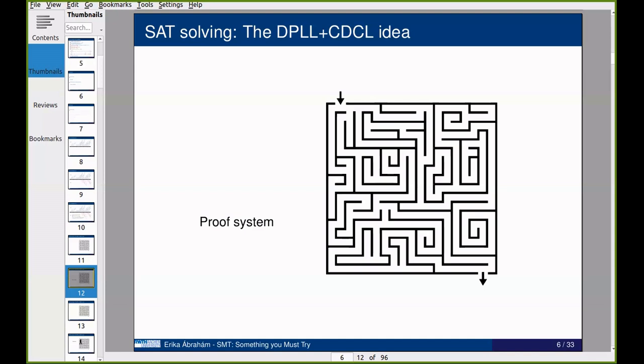So therefore, Boolean resolution for propositional logic is a way to go, but it is practically not scalable. So the idea was, okay, forget the proof system. We want some heuristics to get hints where are the relevant parts where I need to apply my proof system to get the proof.